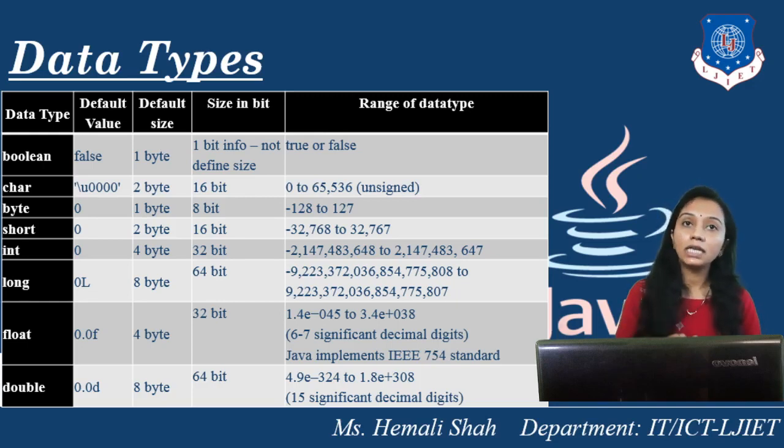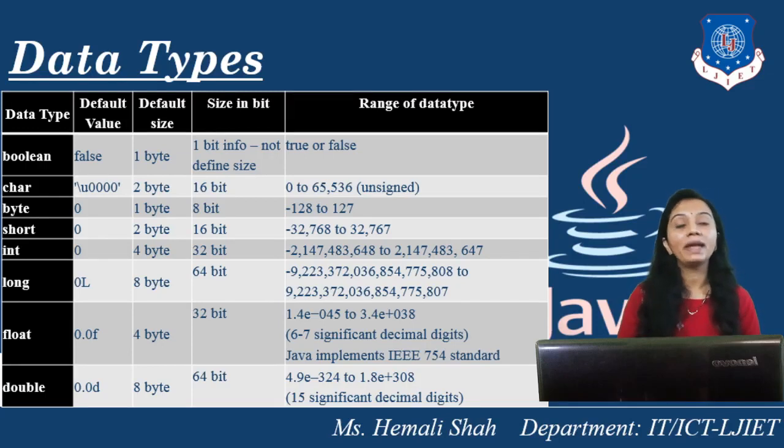So here all the data types occupy a number of bytes in your memory area. This boolean data type only stores a single byte, 1 byte, but 1 bit of information we can store. It can be true or false only. If you are making it a data member, as a variable, then the default value is false for boolean.